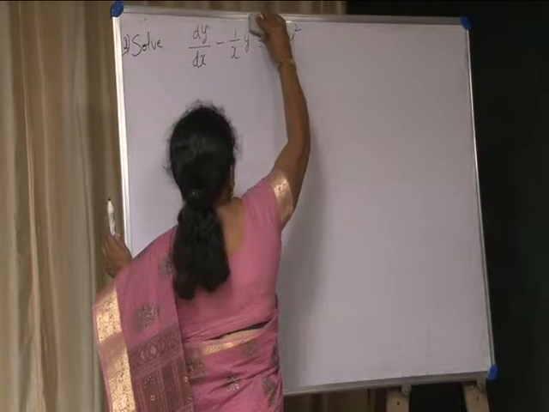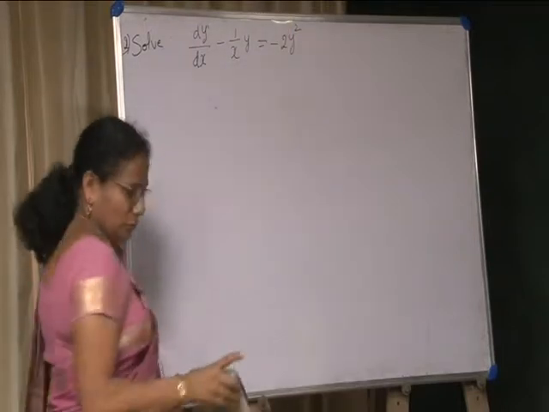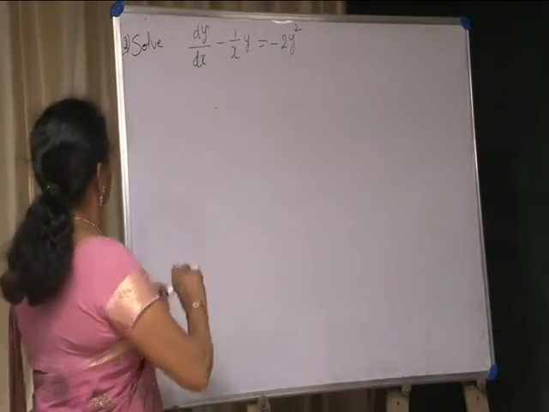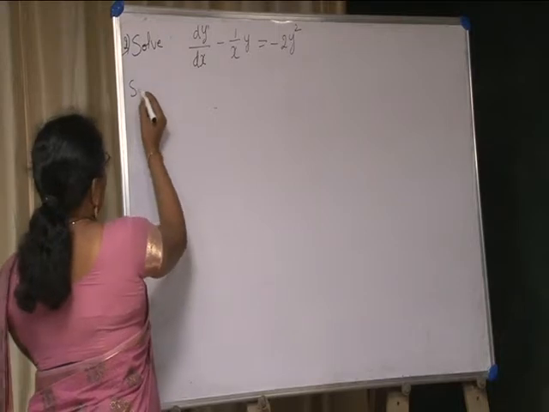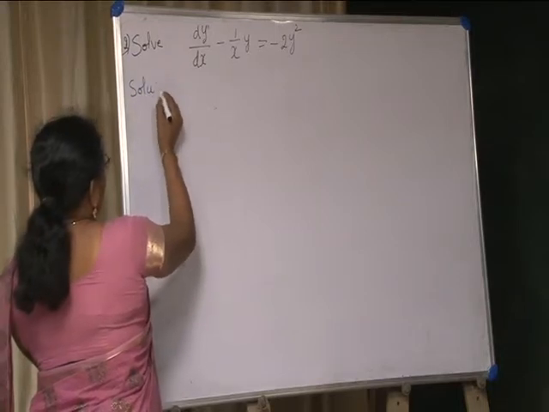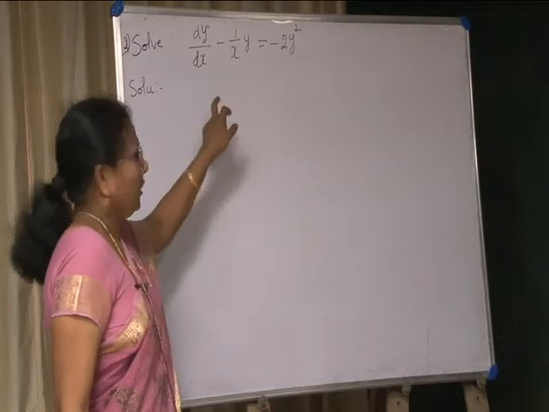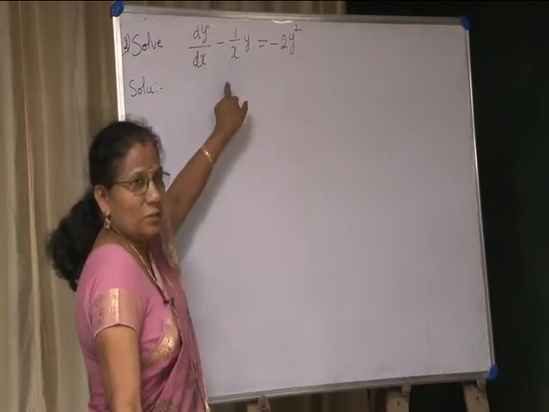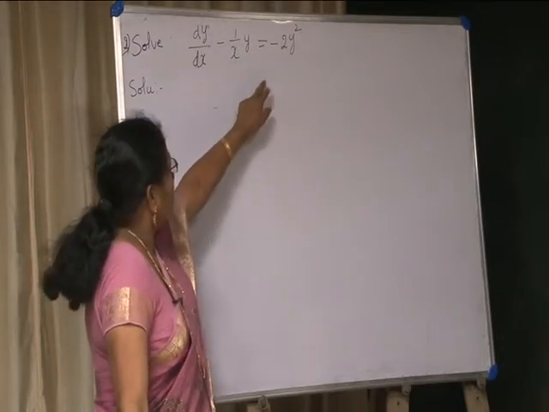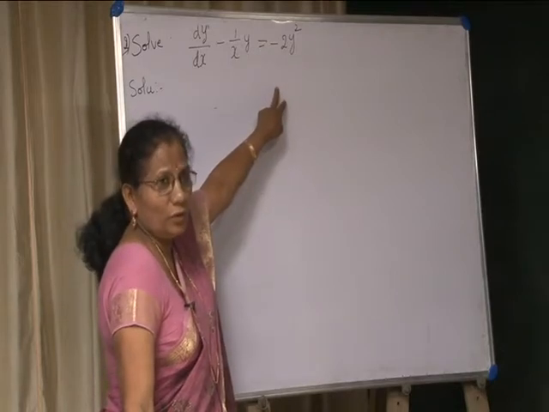This is wrong, y is not y squared, this is y. Solution: the given equation is itself in the form of dy by dx plus py is equal to q into y to the power of n.